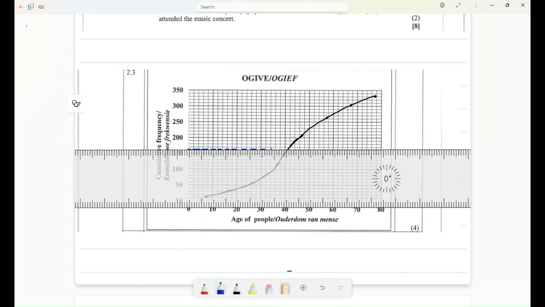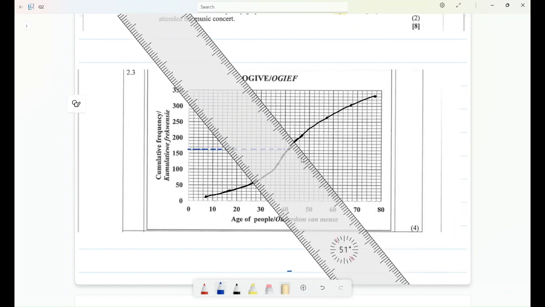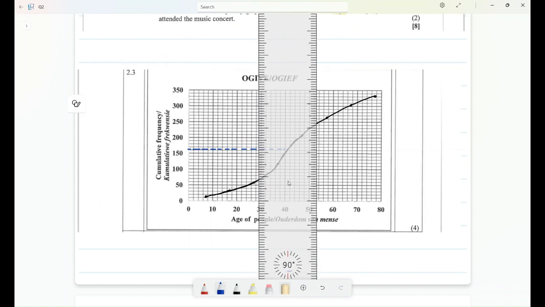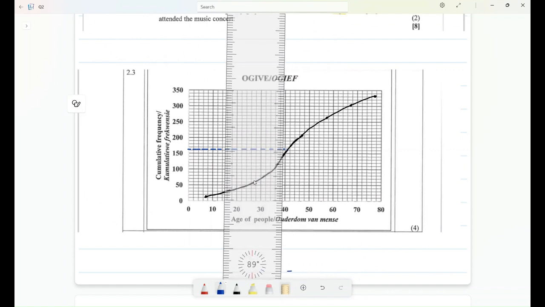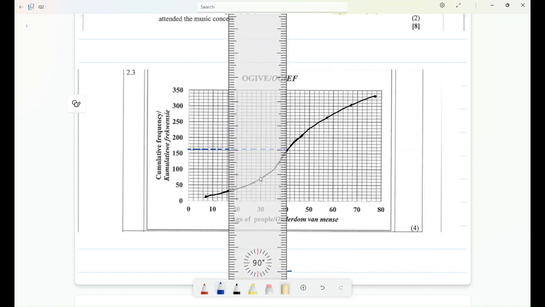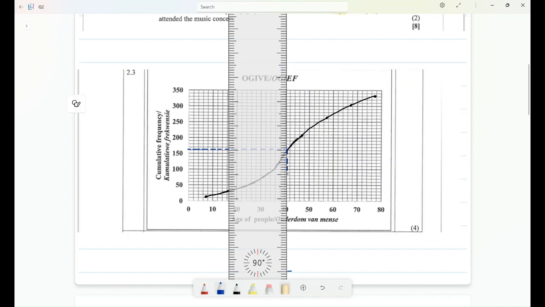Where it touches somewhere there. Let's get that to 90. Okay. So it's going to be more or less something like this.